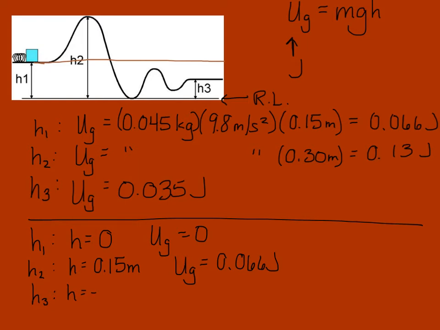That means that we use it as a negative height, and in this case it would be negative 0.07 meters. This ends up giving me a value for the gravitational potential energy of negative 0.031 joules. Now you might be wondering, why in the heck and what does it really mean for potential energy to be negative? Well, that'll make a bit more sense when we talk later about how we use potential energy. For now, just accept the fact that if you're below your reference level, the potential energy is negative.